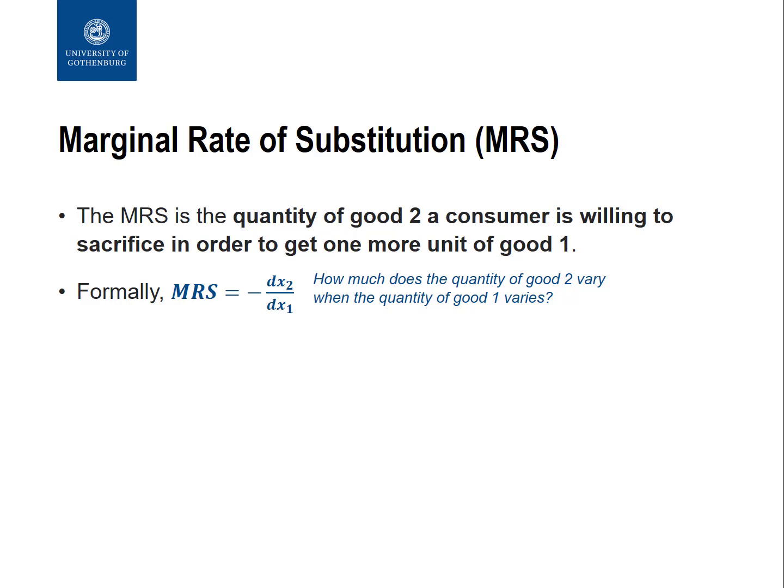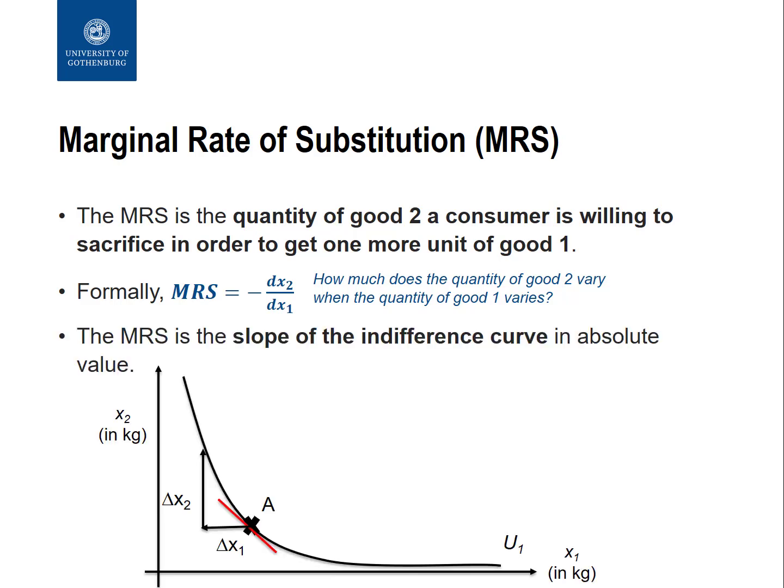And it tells us by how much the quantity of good 2 varies when the quantity of good 1 changes. Graphically, the marginal rate of substitution is the slope of the indifference curve in absolute value. Note that the slope changes along the indifference curve since it is not a linear curve. This means that the marginal rate of substitution decreases as the quantity of good 1 increases.